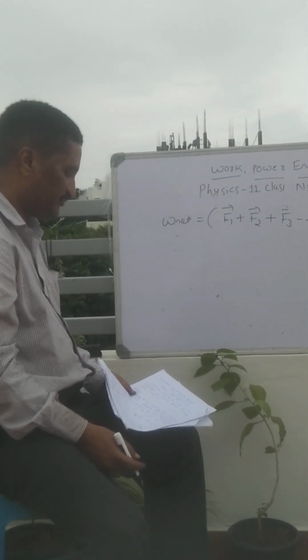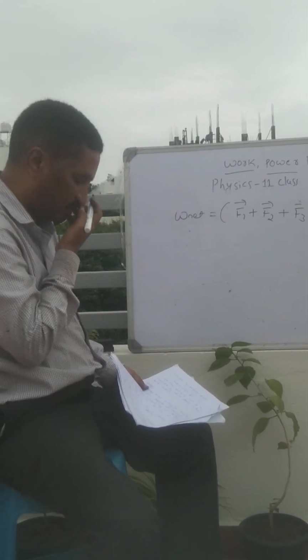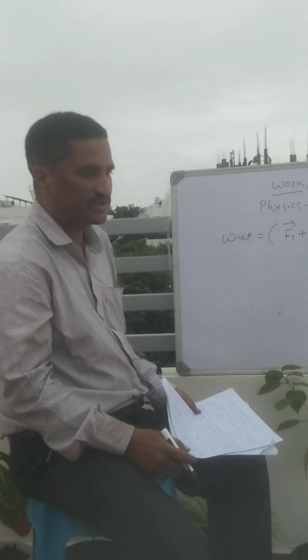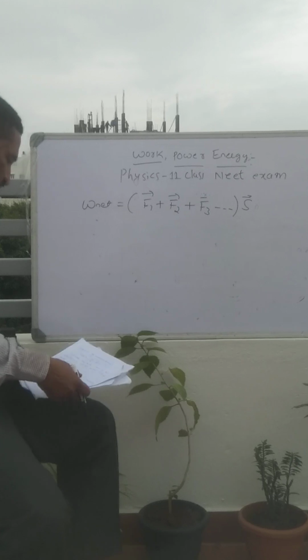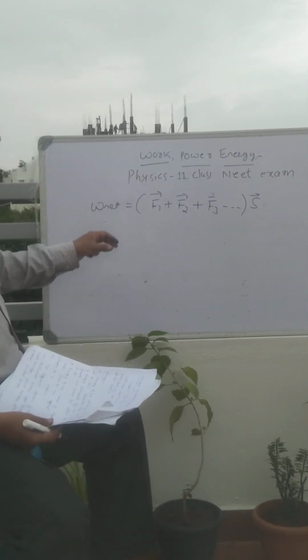So the net work done is the sum of all the work done by the forces acting on a particle. This is how we calculate the work done if the forces are more than one. So this is what we discussed about work.